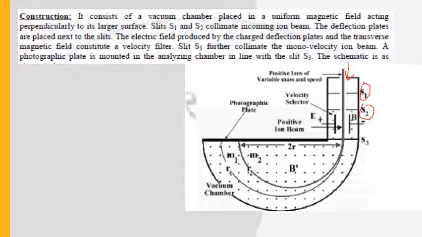We will focus. Now the deflection plates are placed next to the slit, this E. And at the same time we also apply a magnetic field in this chamber. This is your first chamber, as I discussed, and this is your second chamber.